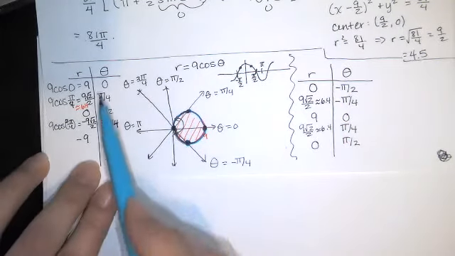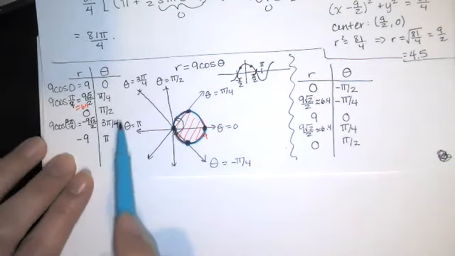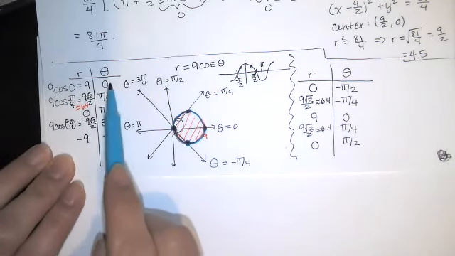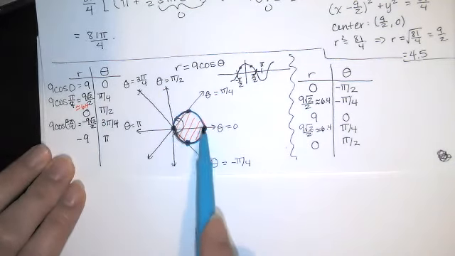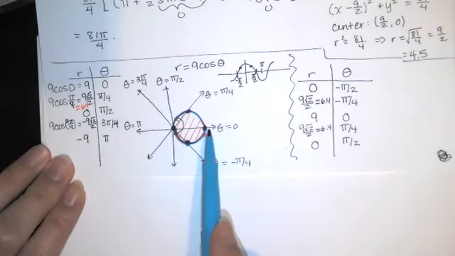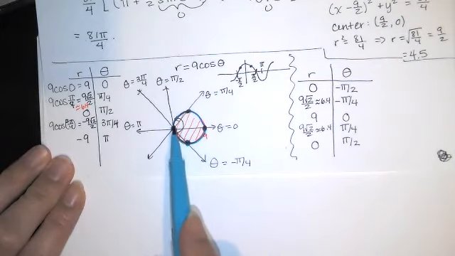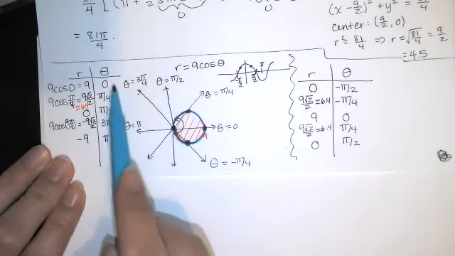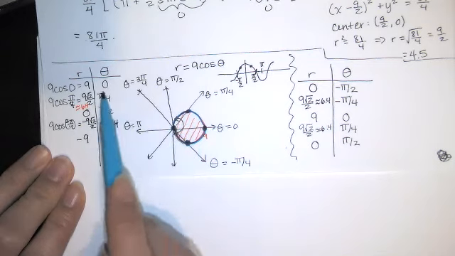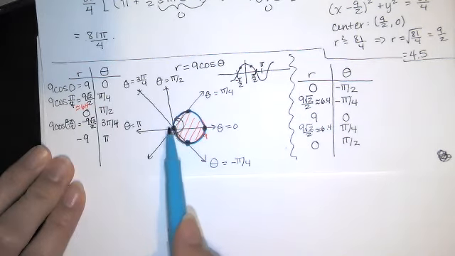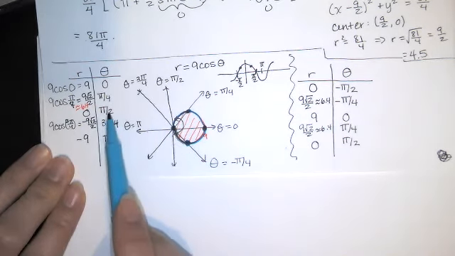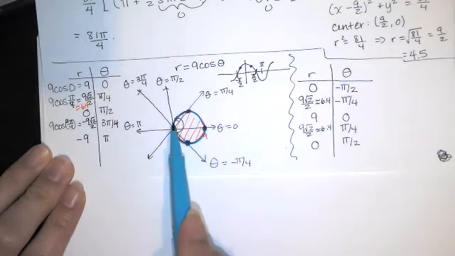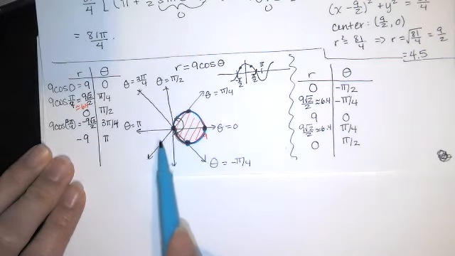Or you could do like they did in this problem statement. As theta goes from 0 to pi, I believe we traced out the top half of this circle. And as theta goes from 0 to pi over 2, we traced out the top half of the circle. And then as theta goes from pi over 2 to pi, that's when we would be over here.